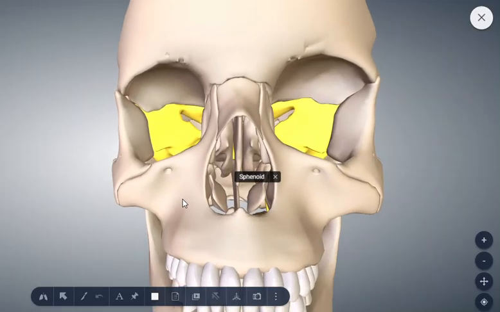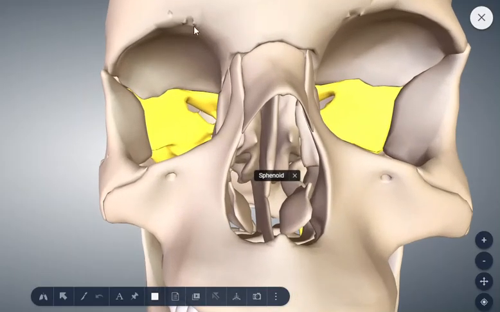located. But also we have another important landmark, which is the supraorbital margin, which is this line that differentiates the upper portion of the orbit, and that's what we call the supraorbital margin because it's on top of the orbit.